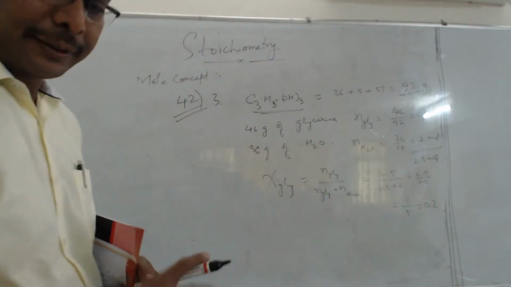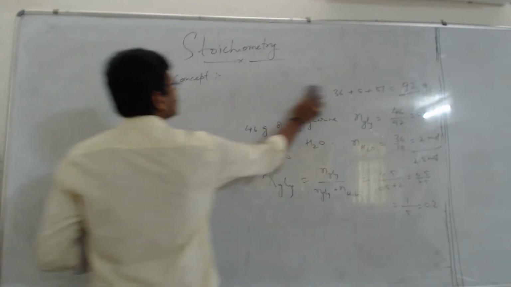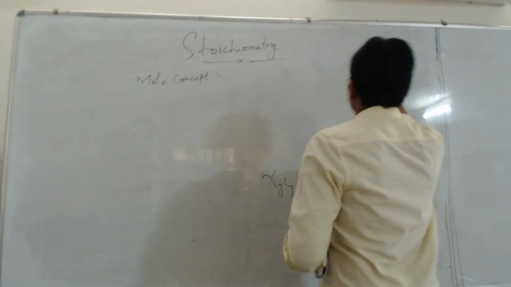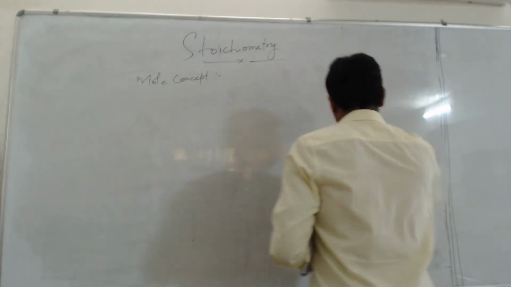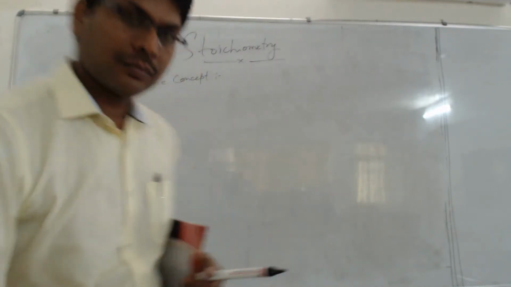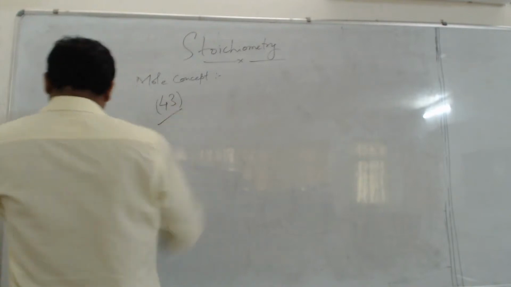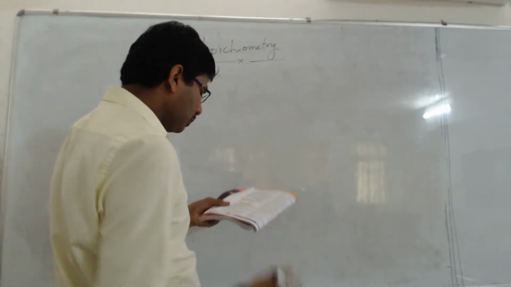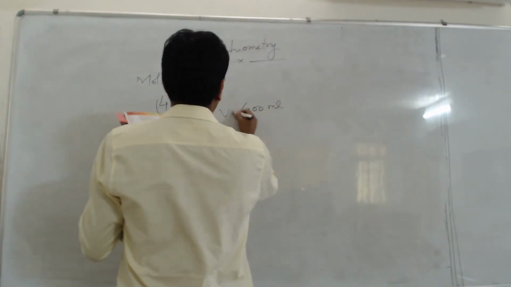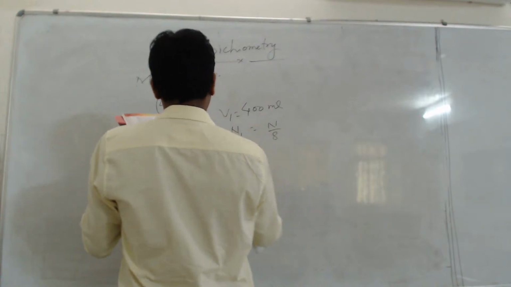Question number 43. The volume of water to be added to 400 ml. 400 ml is volume V1 and normality N1 is N by 8 HCl.